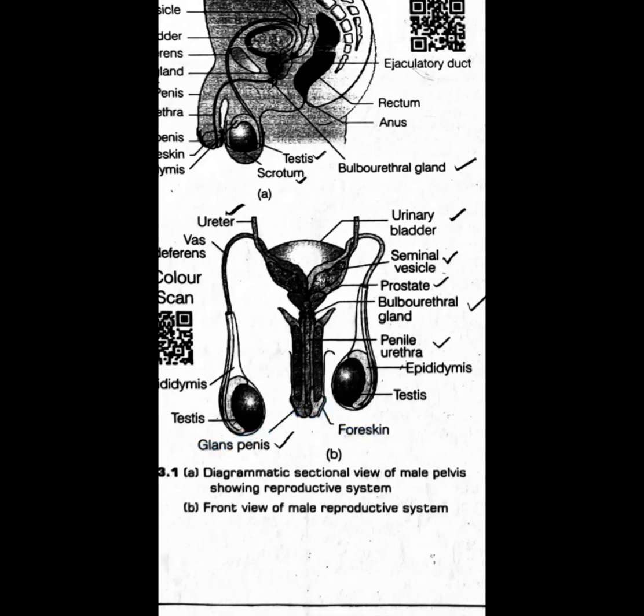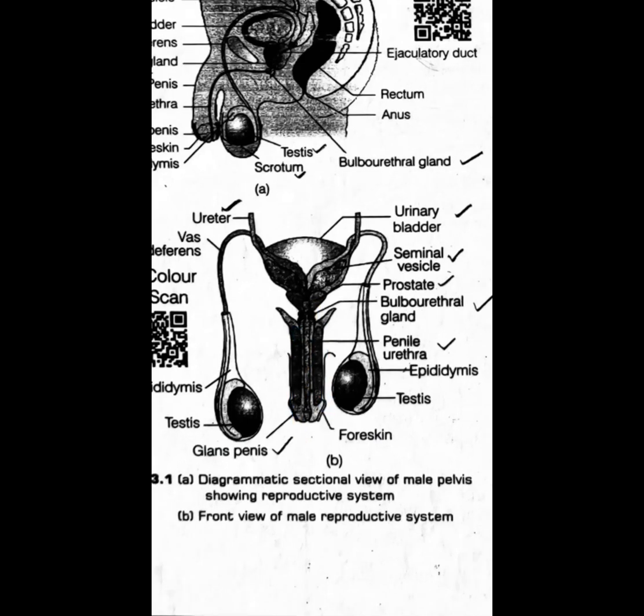Due to the glans penis activation, it gets erect, muscles get erect. Can you see? The muscles get erect and it releases the semen by peristaltic movement outside. Till here clear, students? Any doubt?